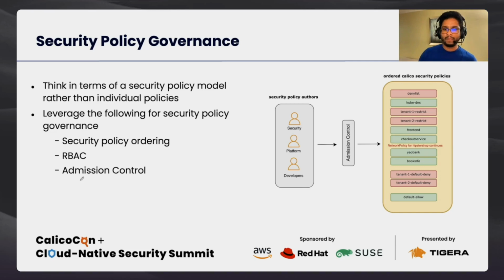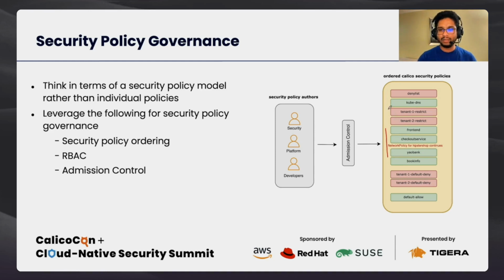For example, if application developers are authoring policies for a particular namespace, you could assign a certain order for the policies that they are allowed to author. That ensures that they're not able to circumvent high-level controls that you have enforced.